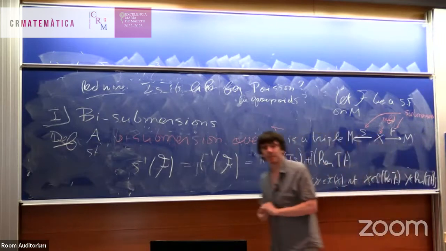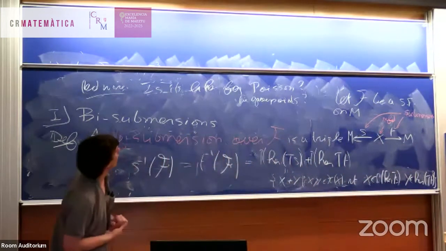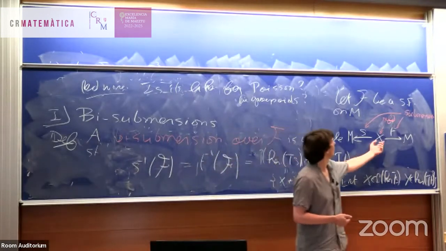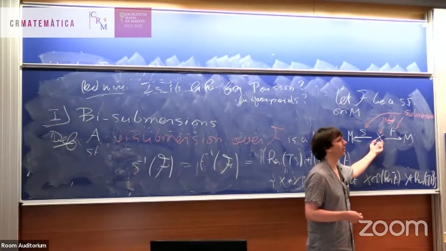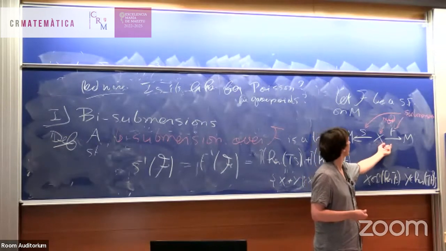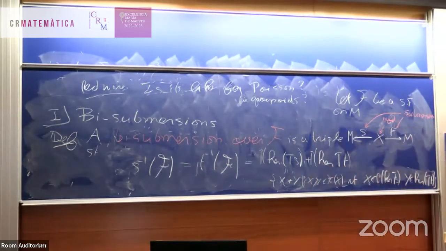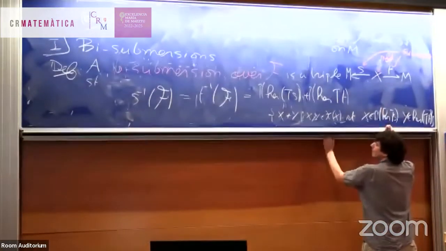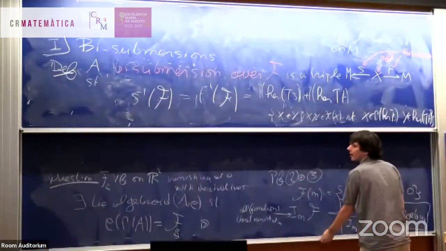Okay. So is it like groupoids or not? Well, a few things are quite similar. You have a manifold X and two submersions, S and T. So it looks similar to groupoids, but you don't have units.